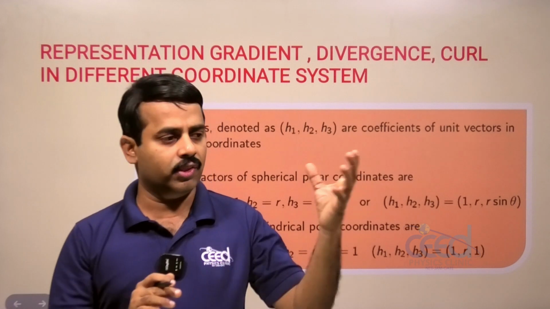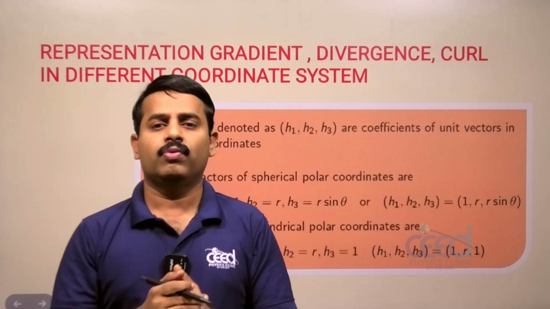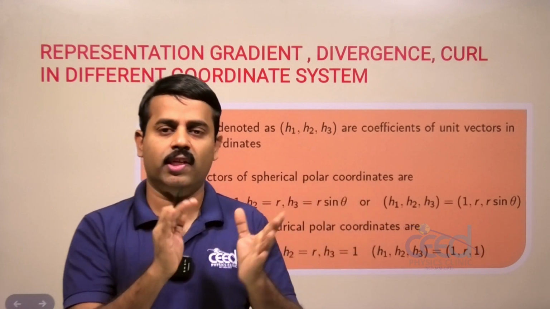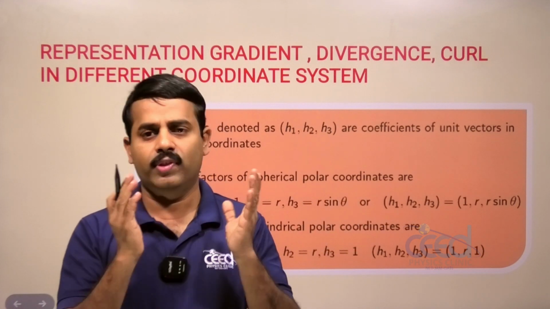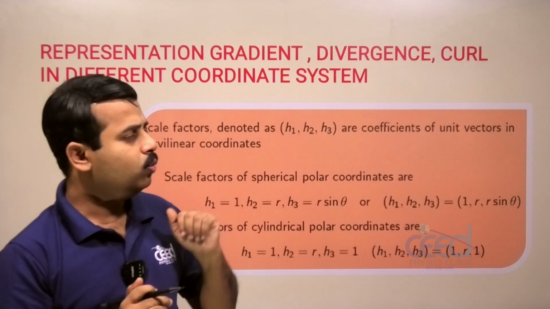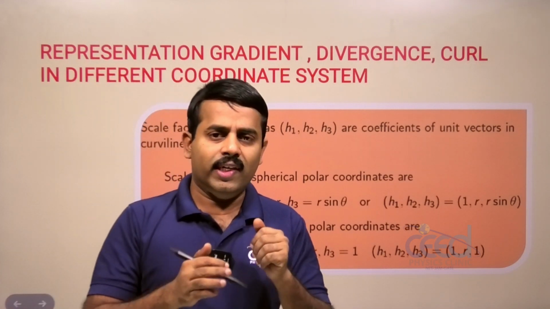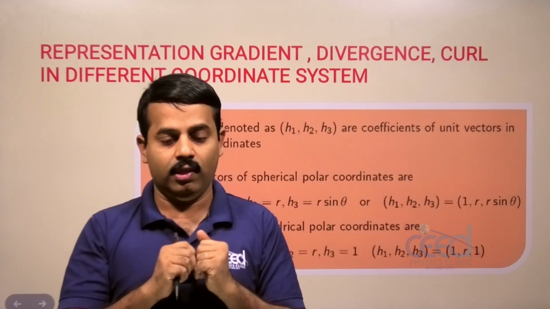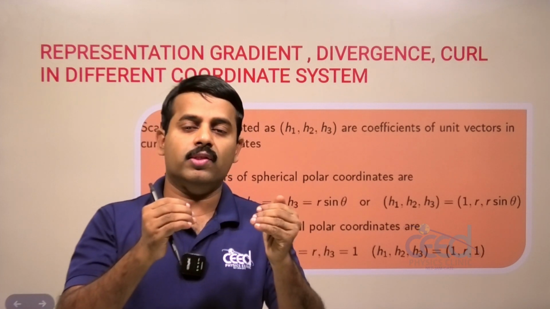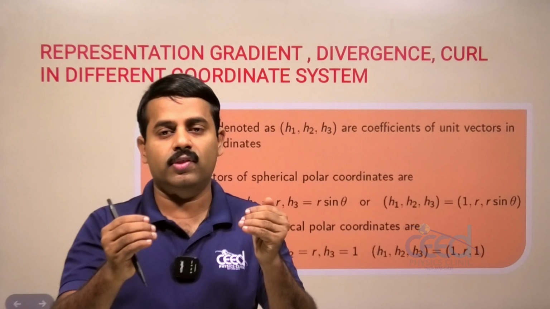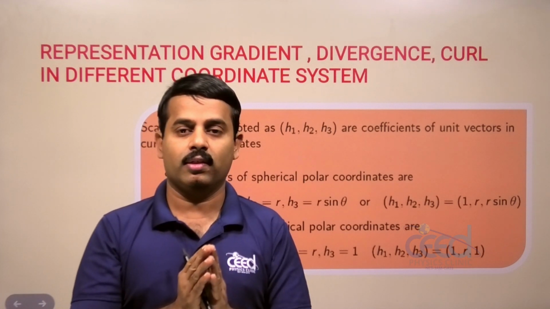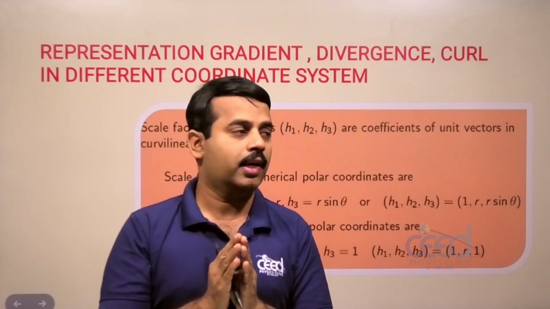In Cartesian coordinate system, we already discussed what it means and what its physical significance is. Now in Cartesian coordinate system, how it is represented, we have seen. Now in cylindrical coordinate system and spherical polar coordinate system, how we represent these operators, that is very important, right?